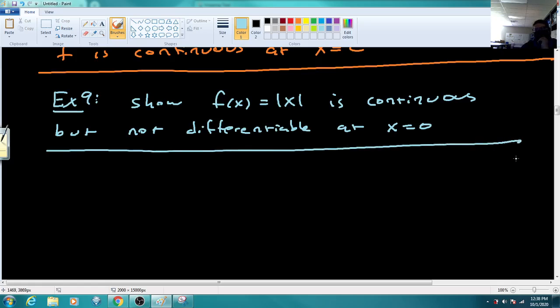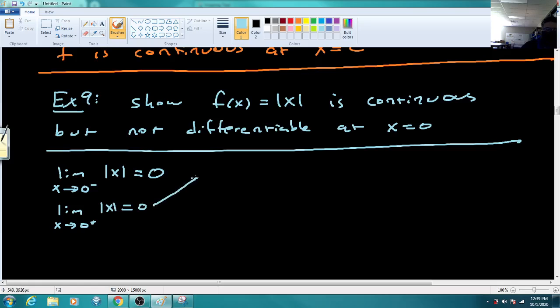So to show it's continuous, we're going to look at the limit as x approaches 0 from the left of absolute value. If you take absolute value of numbers like negative 0.0001, negative 0.000001, those become positive 0.0001 and positive 0.000001. So the limit as you approach from the left still approaches 0. The limit as x approaches 0 from the right is also 0.